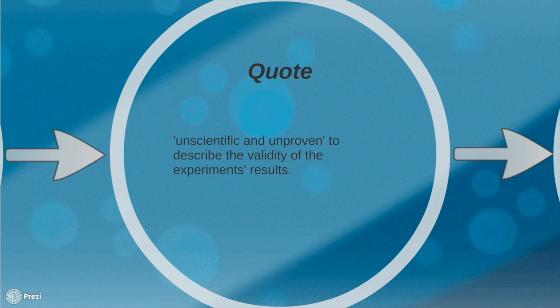And I said to describe the validity of the experiment's results. So actually embedding the quote just shows a greater level of sophistication. Okay, so we've done our point and our quote, so we've mixed those in, we've mentioned word class as well. We don't need to worry about language features because the fact that we've said adjectives ticks the box for language analysis.